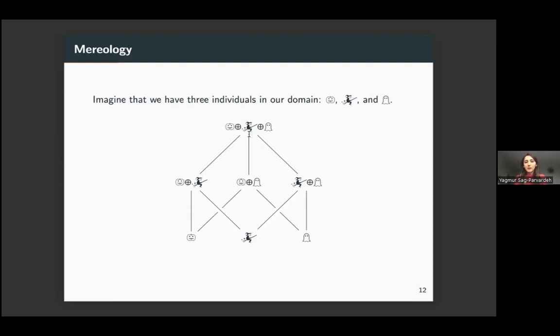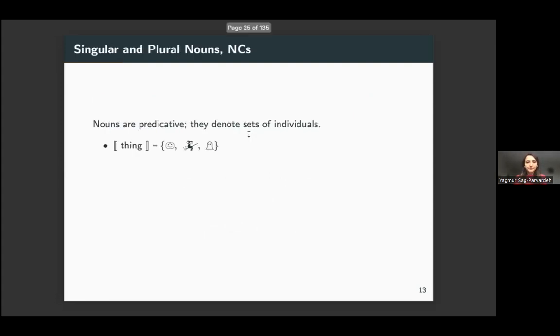Okay, now keeping that representation in mind, we assume that nouns are predicative. In other words, they denote sets of individuals. So when we have a singular noun, let's say thing, and you can replace thing with anything here, we assume that it denotes a set of atomic individuals.